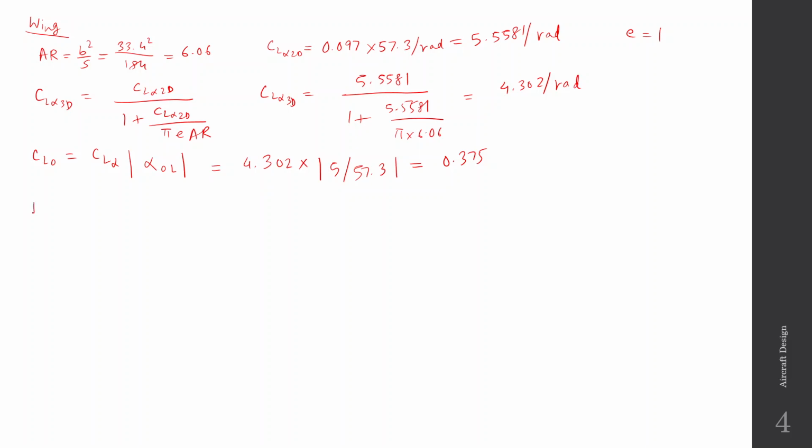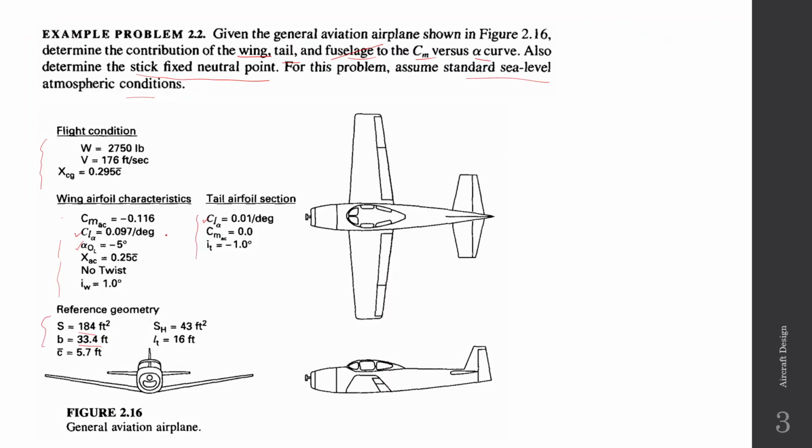Okay, now we come to the tail. Again for the tail, we first find out the aspect ratio, which is b square by S, and this is 13 square by 43. Here the tail area is given as 43 feet square, and the tail wingspan is not given.